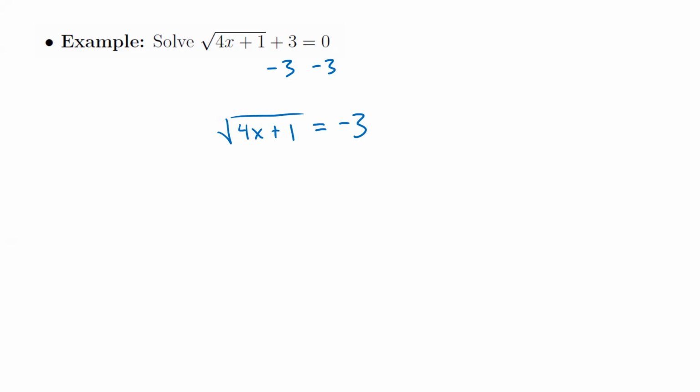This is saying the square root of 4x plus 1 is equal to negative 3. Can we ever have a square root equaling a negative number? Well, no, we can't. A square root is always going to give us a positive number. So there is no x that could make this equation true, and I would immediately say that there is no solution to this equation.